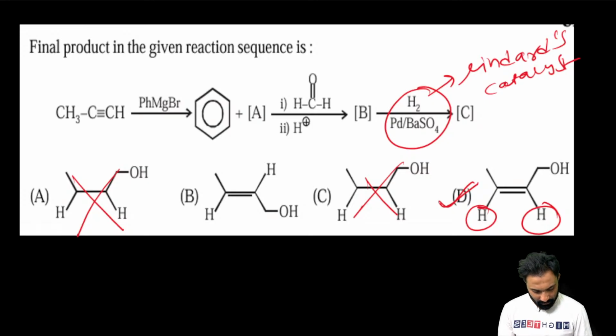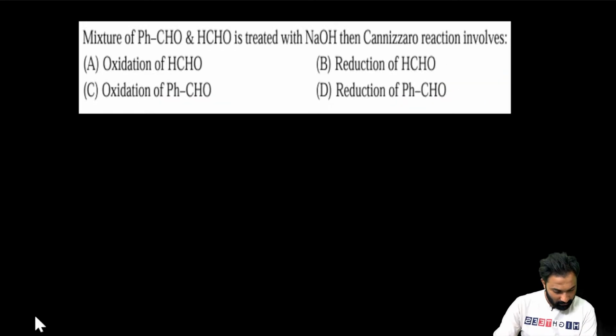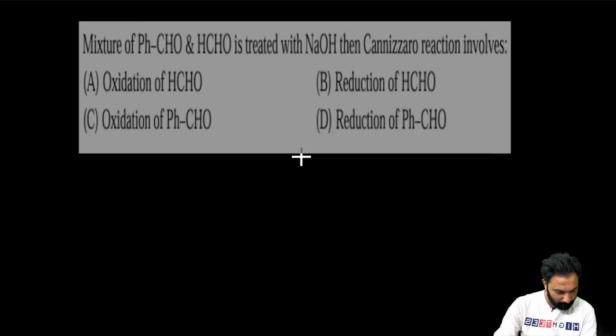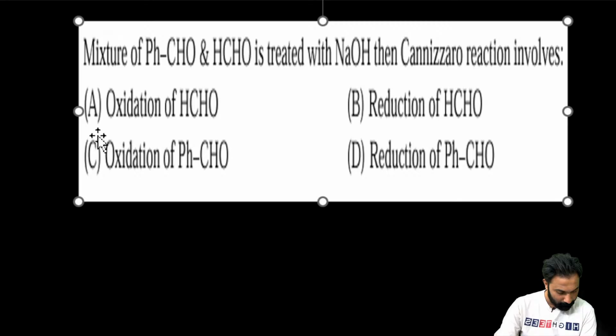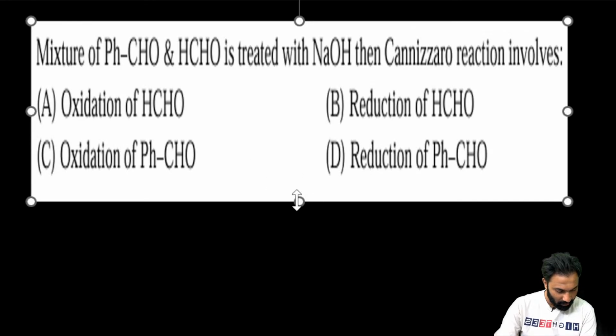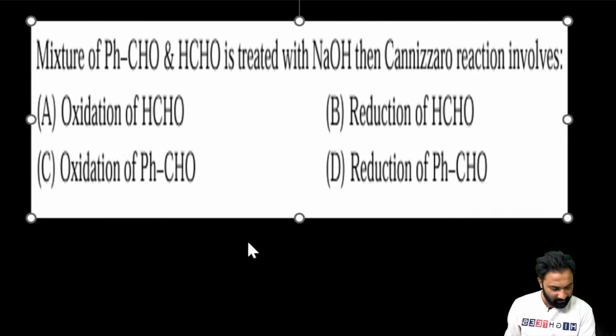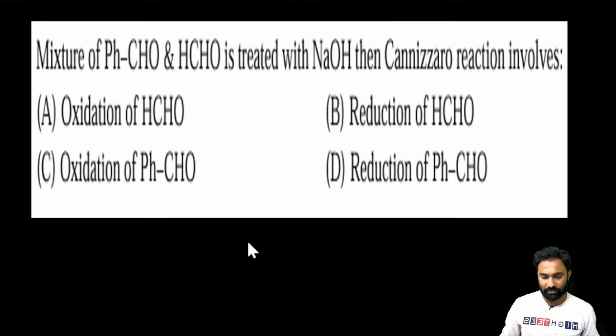Right. Now next one. A mixture of formaldehyde and acetaldehyde is treated with NaOH, then the Cannizzaro reaction involves A and D. Right. Good.